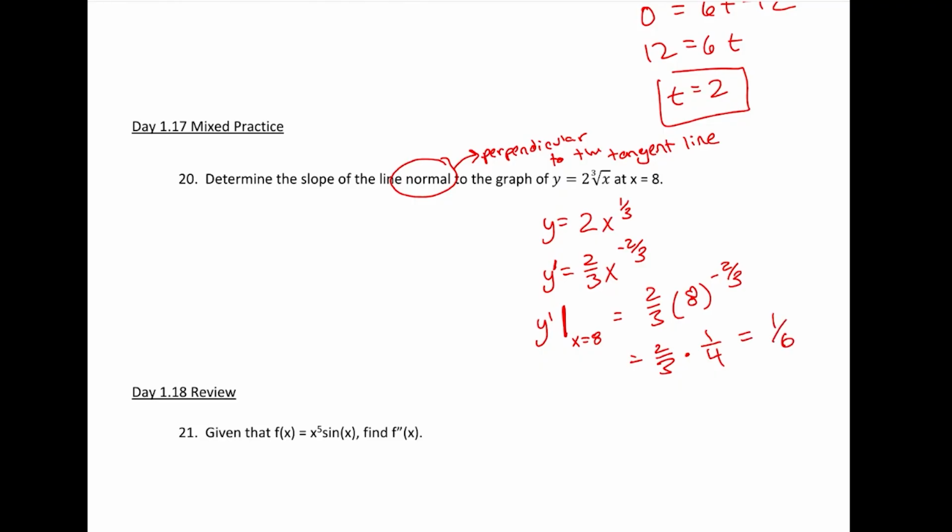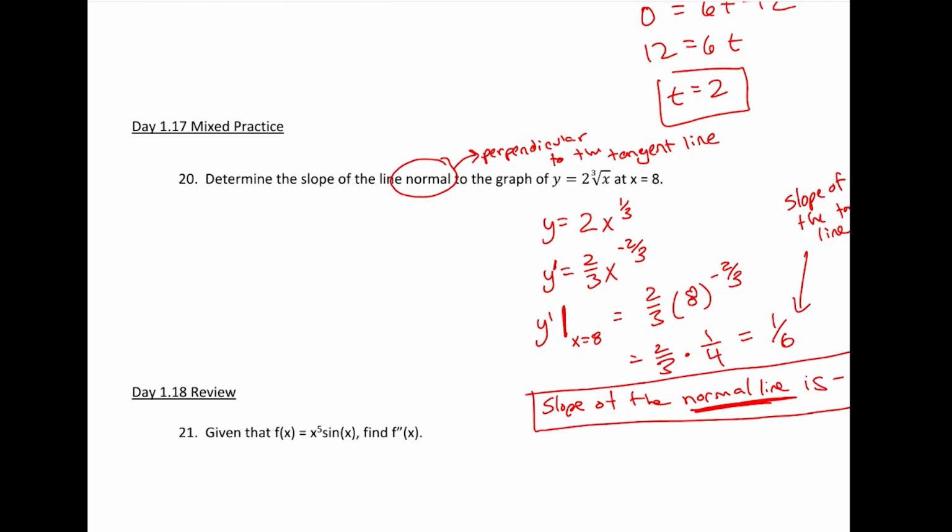Okay, so 1/6 is the slope of the tangent line. And what we want is the normal line. So the slope of the normal line is negative 6 over 1. It's going to be the opposite reciprocal of the slope of the tangent line.